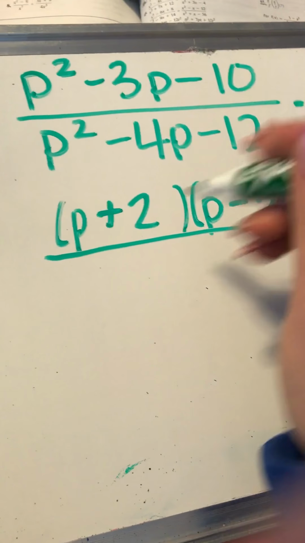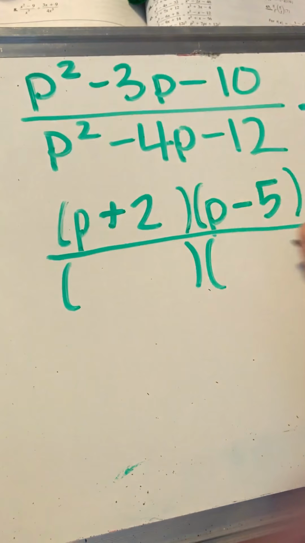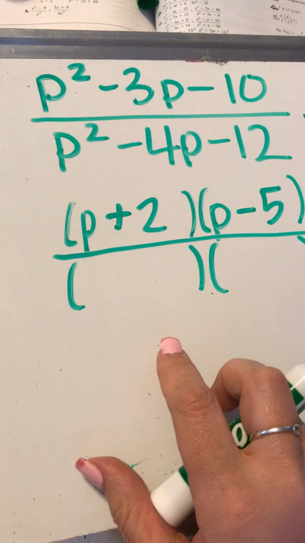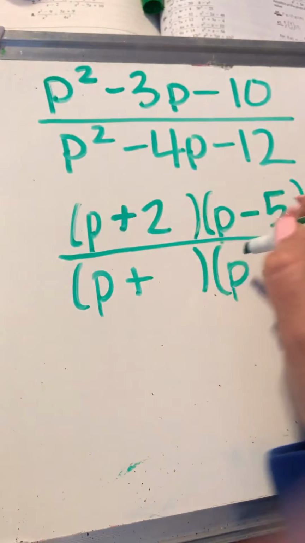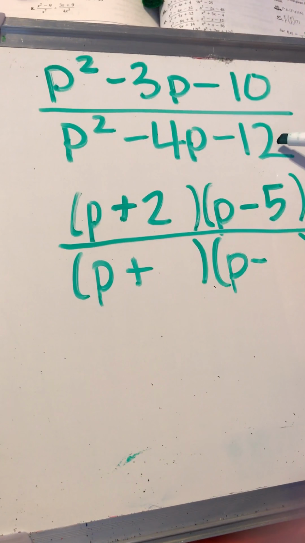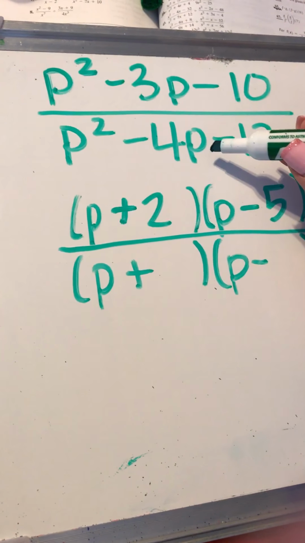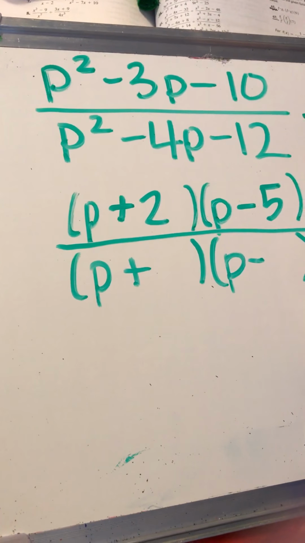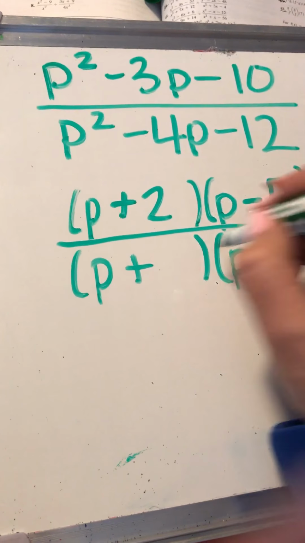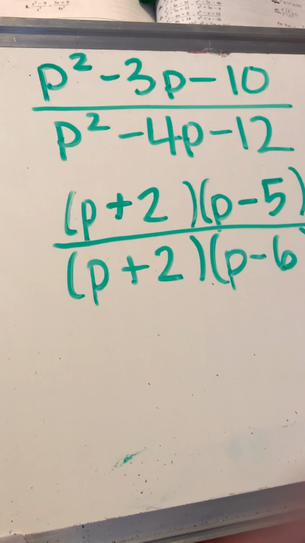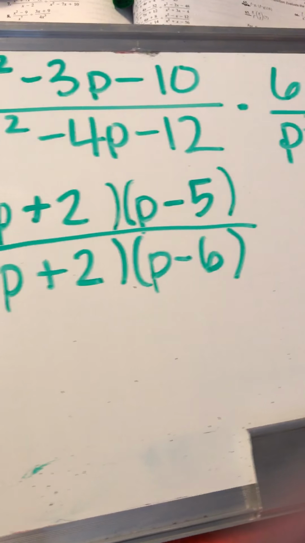We want factors of 12 that give us a sum of -4. Factors of 12 are 6 and 2. A -6 and a positive 2 would work, giving us a sum of -4.